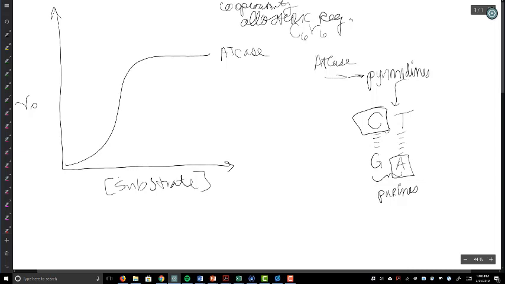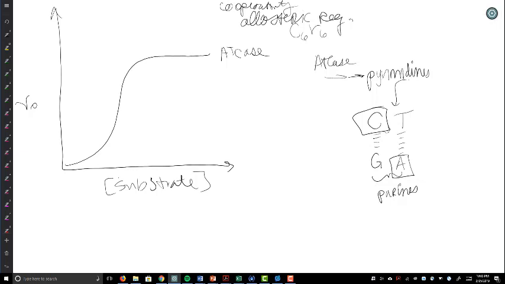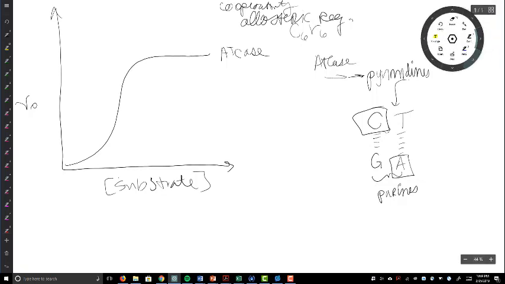So that ratio of pyrimidines to purines is getting out of whack. In this case, CTP is going to allosterically regulate ATCase by binding to the regulatory subunit, which would change the shape of the catalytic subunit so that the activity of the enzyme is downregulated.